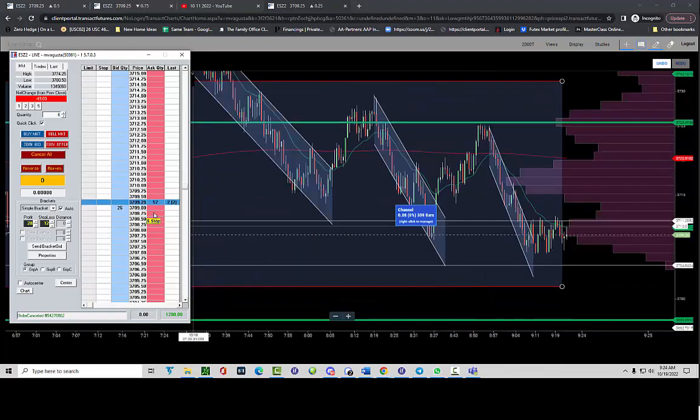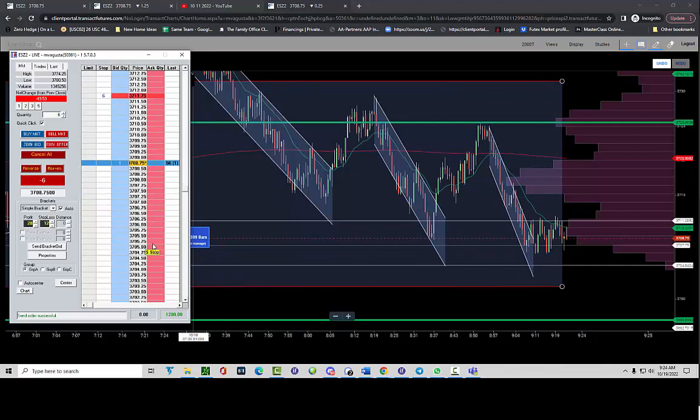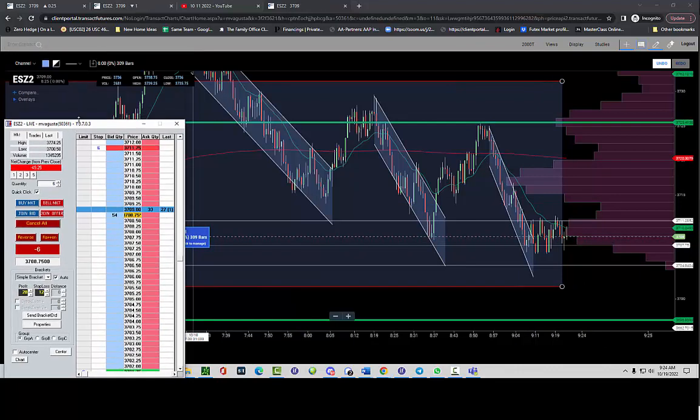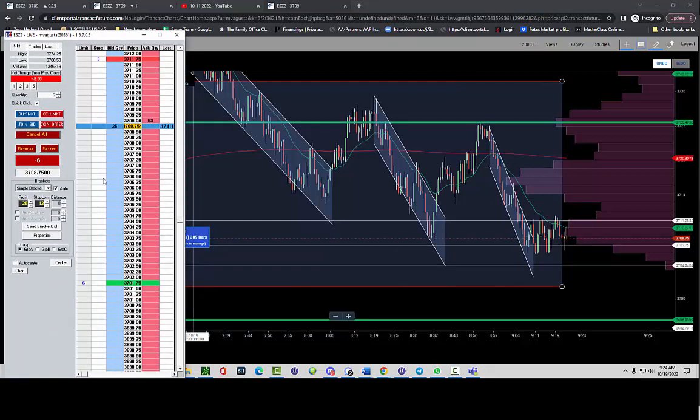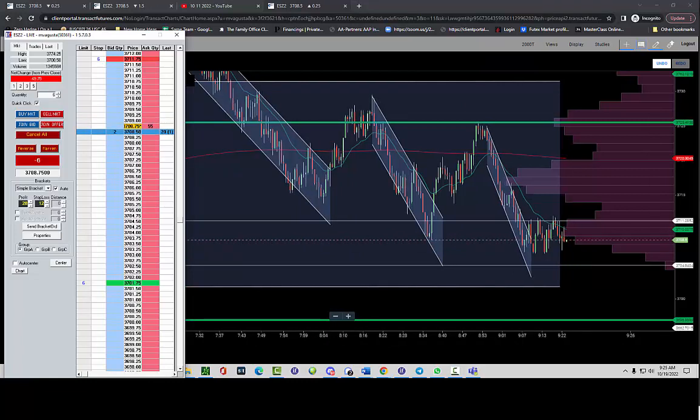Everybody see that little triangle? Between here and here. Here's our half of the pattern. So if we can stay south, so we see if we can get a little feel here.